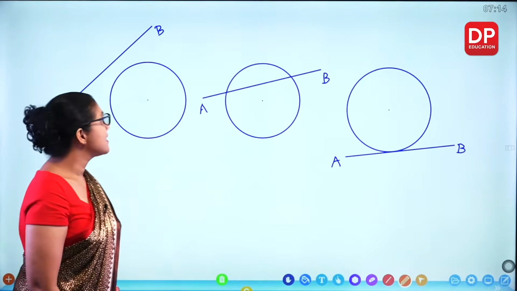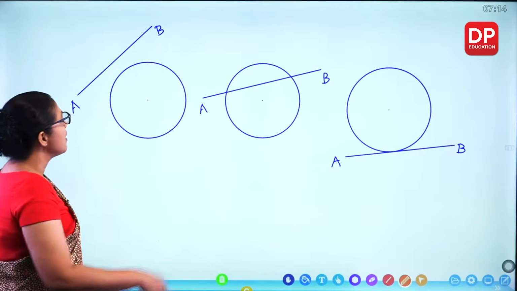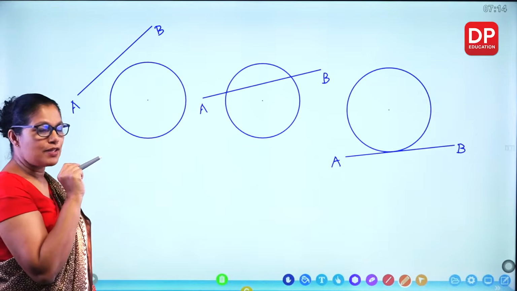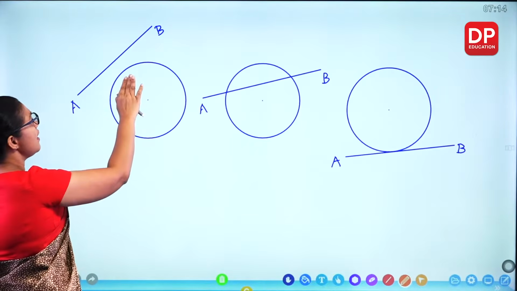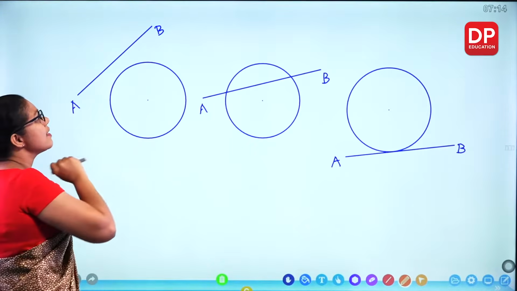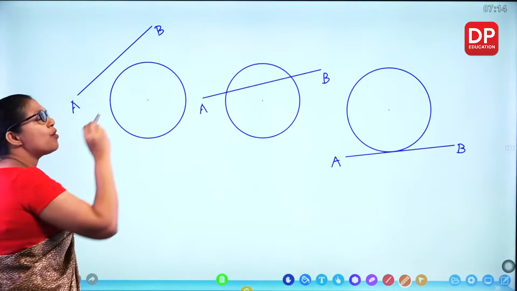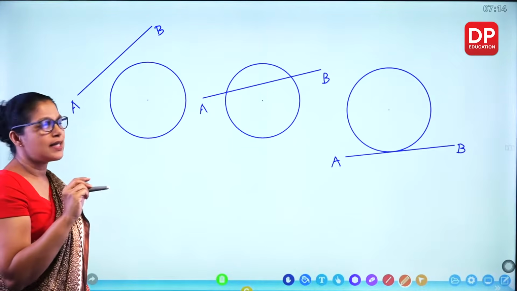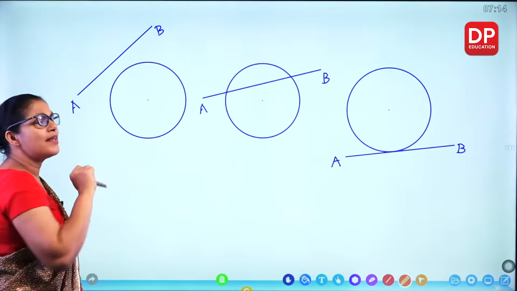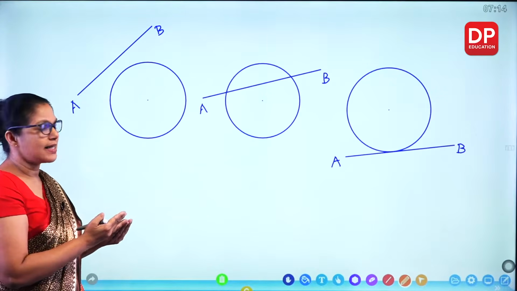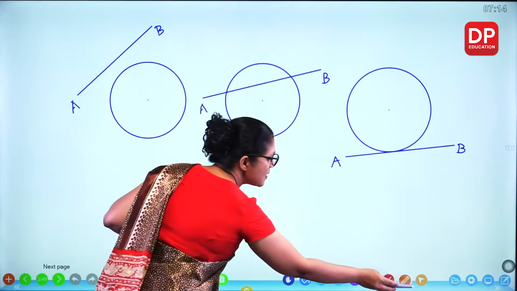Now we'll take this diagram. We see a circle and a straight line, AB straight line. So here, when you look at these two figures, we see there are no common points to the straight line and the circle. So it's not intersecting. So what can we see here?